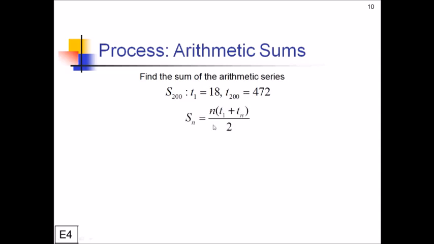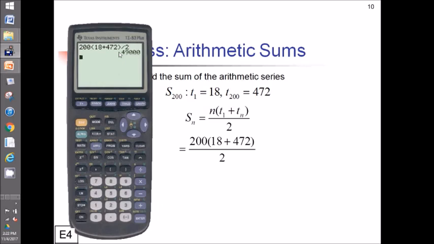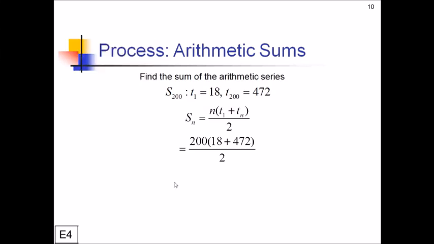Or you could just plug things into this formula. Take your pick, right? What's n? 200. There's 200 items. T1, well, they gave you that. It was 18. Tn, that's just the last term, 472. And then it's all getting divided by 2. So let's just plug that into the calculator now. So crunching those numbers, we end up with 49,000.